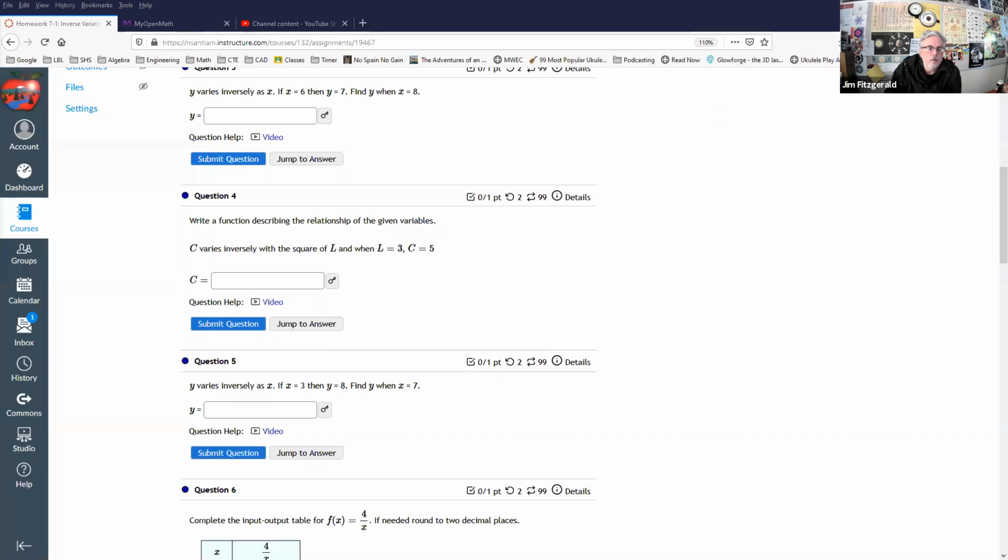So here's a slightly different one. This is using L and C instead, and it tells us that C varies inversely with the square of L. So the square of L. So this relationship here is C varies directly with the square of L. Okay, so that's the general form.